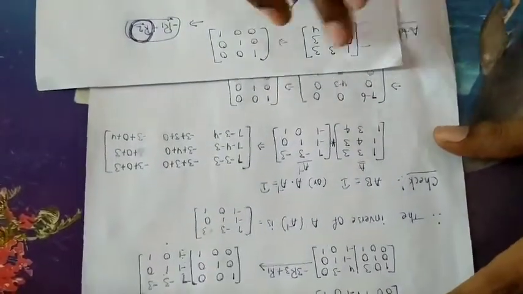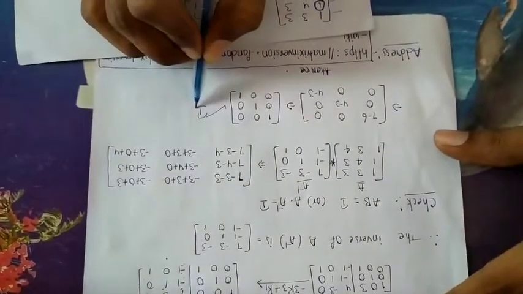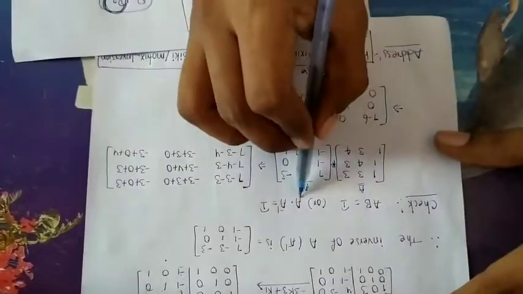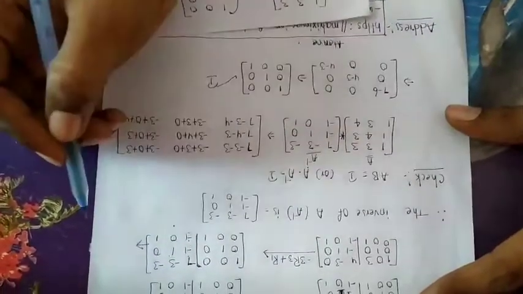In the multiplication, I get the identity matrix. Hence, A inverse is this matrix. Thank you for watching.